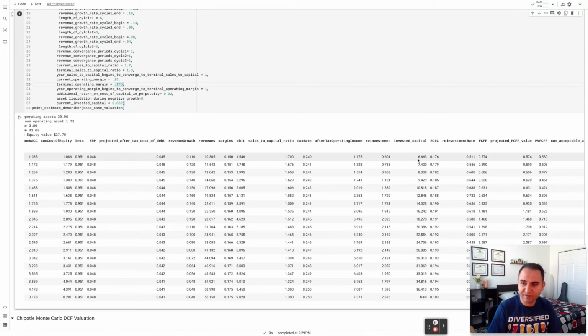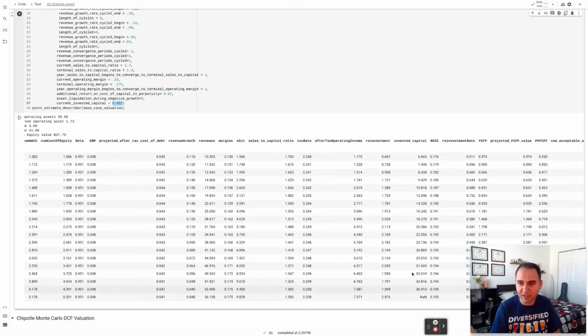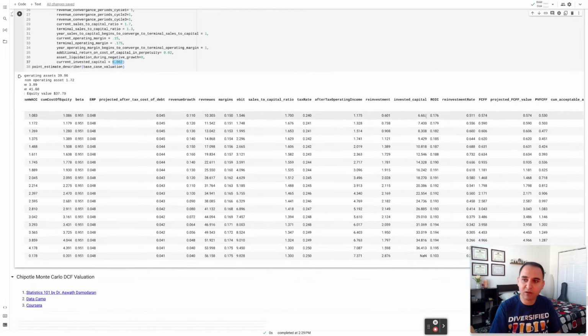Here is your invested capital, where we started with 6 billion. That's how much is on the balance sheet right now. When they reinvest another 600 million, the invested capital next year on the balance sheet should be around 6.6. We just keep doing this until the end of the valuation, so the invested capital is going to grow from 6 billion to 36 billion.